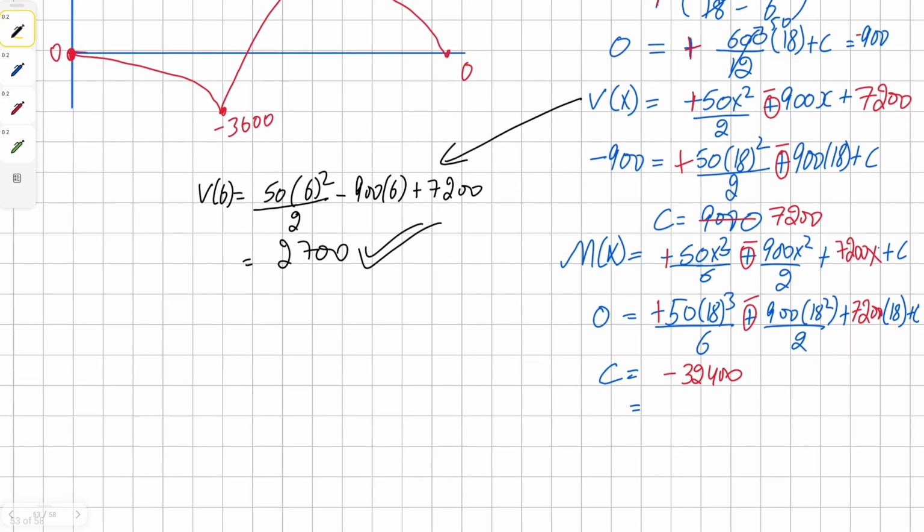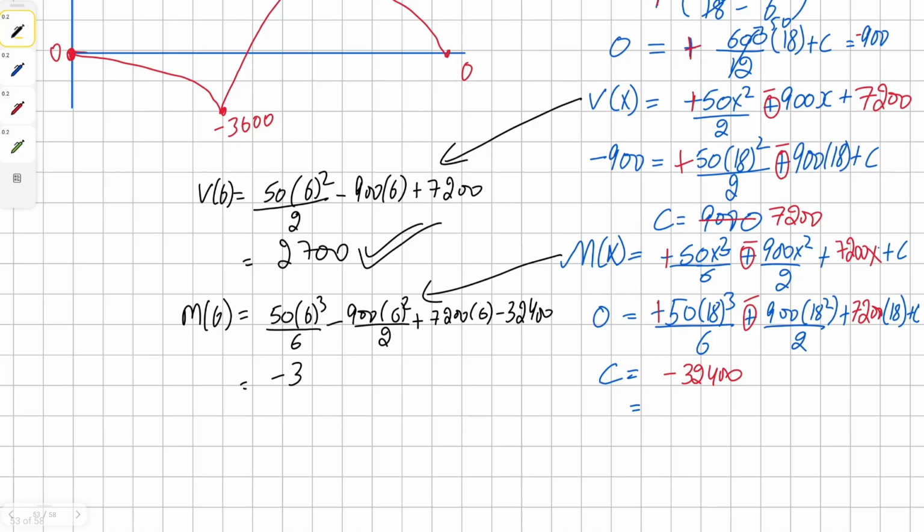We know our moment is going to be negative 3600 at 6, so let's see if that is correct. So we're going to have positive 50 times 6 cubed divided by 6, take away 900 times 6 squared divided by 2 plus 7200 times 6, take away 32,400. Solving this, we get our solution as negative 3600, so that's correct.